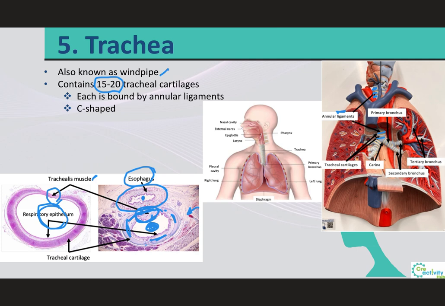Because if you're trying to run away, you need to have more oxygen circulating, therefore you need to have a widening of the tracheal lumen. Another advantage of having these cartilage rings forming the trachea is that it prevents the collapse or even the overexpansion as the pressure changes in the respiratory system.